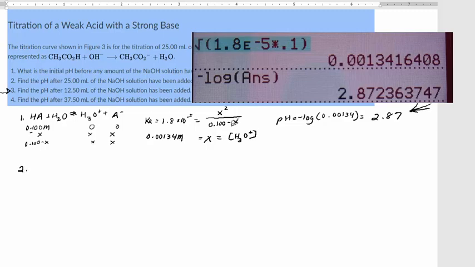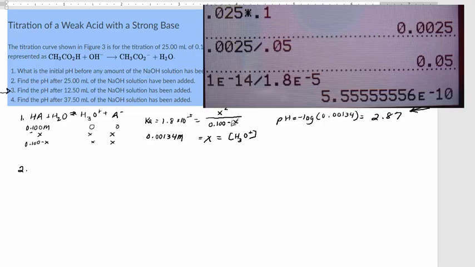As soon as we start adding base, we need to analyze our moles. So the moles of the acid, the weak acid, are going to be found by taking the volume of the weak acid converted into liters, multiplying that by the molarity, and we get 0.002500 moles of acid.